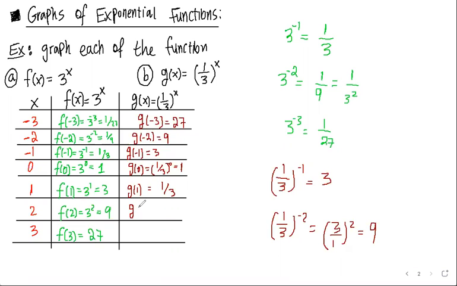And again, g of 2 is equal to 1/9. And last one, g of 3 is the same as f of -3, which is 1/27.